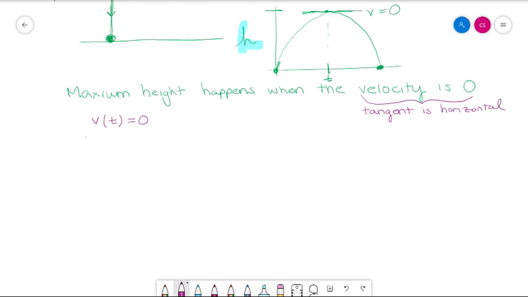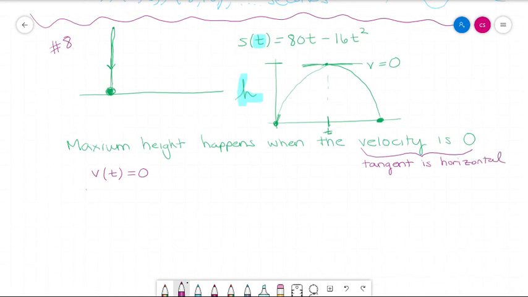Okay, so what's our velocity? Well, velocity is the derivative of the position function. So the derivative of this is going to be 80 minus, bring down the 2, 16 times 2, t. So we're looking at 80 minus 32t.